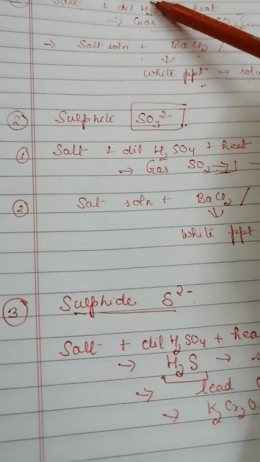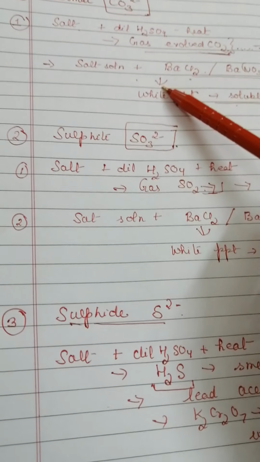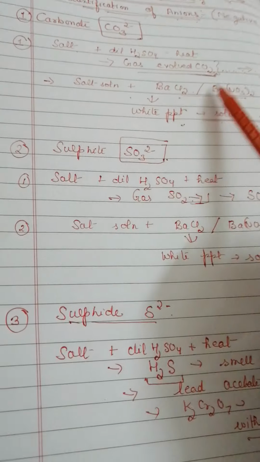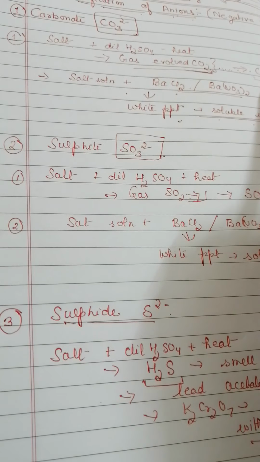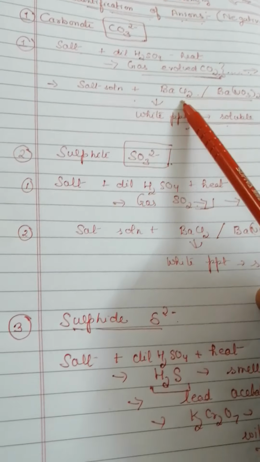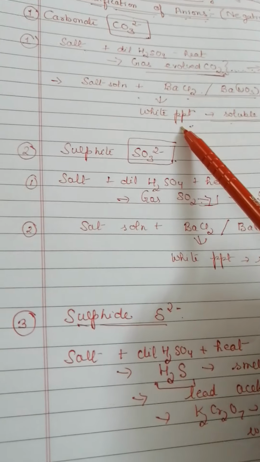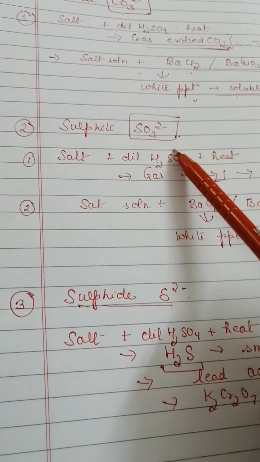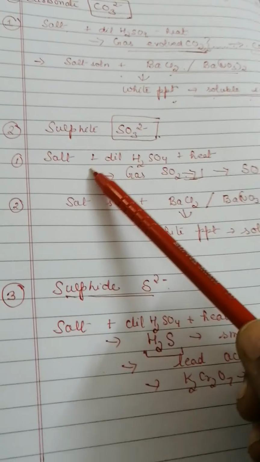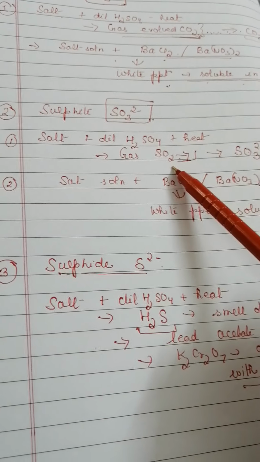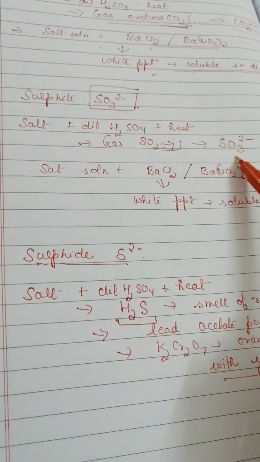So we have done carbonate: salt plus dilute sulfuric acid plus heat gives carbon dioxide gas, you know the observation for that, so you get carbonate radical. There is another test: add barium chloride or barium nitrate to the salt solution and you get a white precipitate soluble in dilute HCl. The second anion we have done is sulfite ion. We add dilute sulfuric acid to the salt and heat it; gas evolved is sulfur dioxide, ion present is sulfite ion.